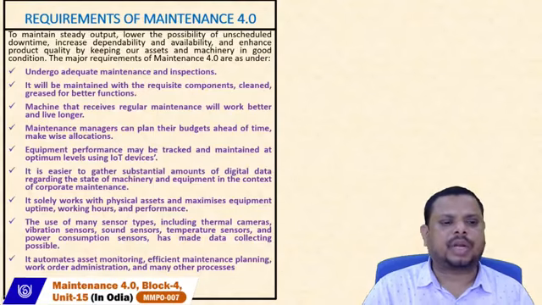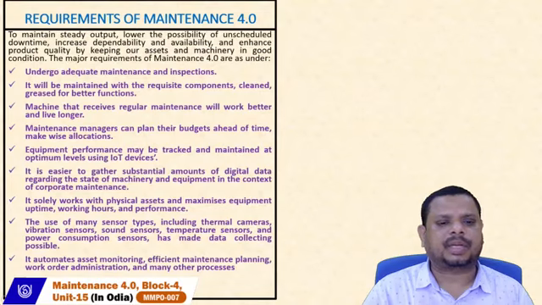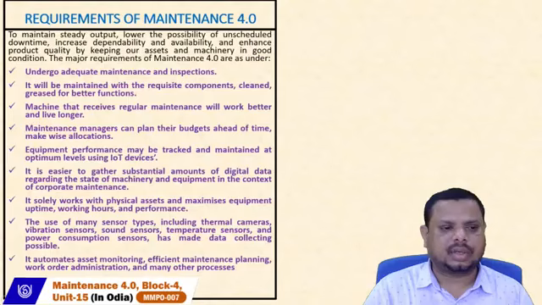The fourth one: equipment performance may be tracked and maintained at the optimum level by using IoT devices. Here you have to introduce tracking devices so that the machine is maintained at the optimum level.